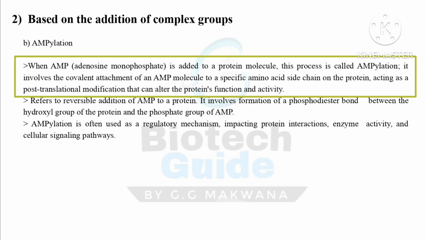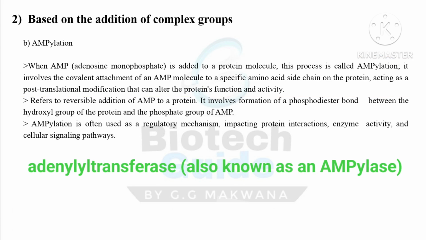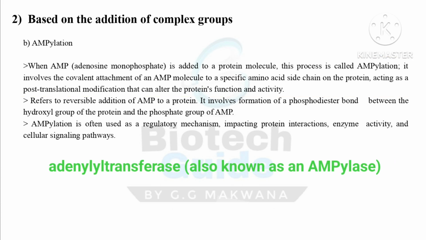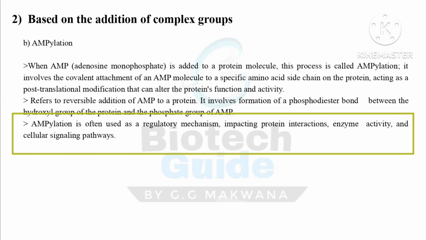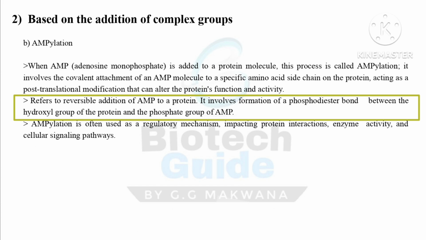Which enzymes take place here? Adenylyltransferases. And application: adenylylation is used as a regulatory mechanism impacting protein interaction, enzyme activity, and cellular signaling pathways. An important point is that this process is reversible.